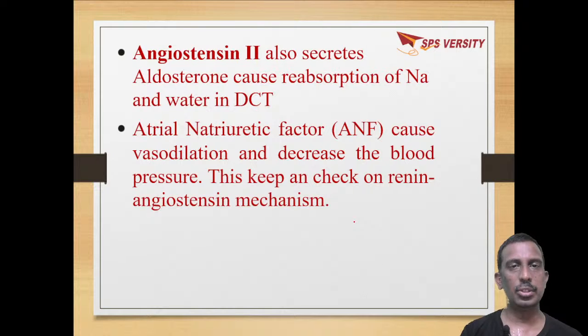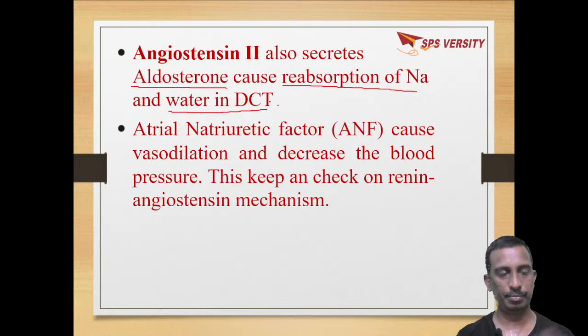So this angiotensin 2, along with the renin, also secretes aldosterone, which causes reabsorption of sodium and water in the distal convoluted tubule.